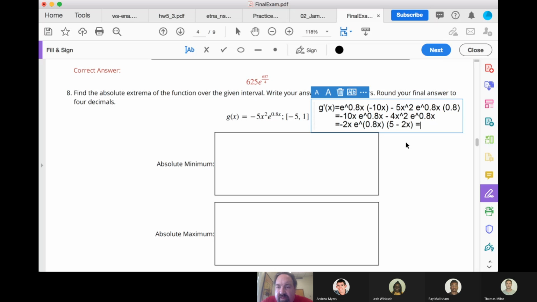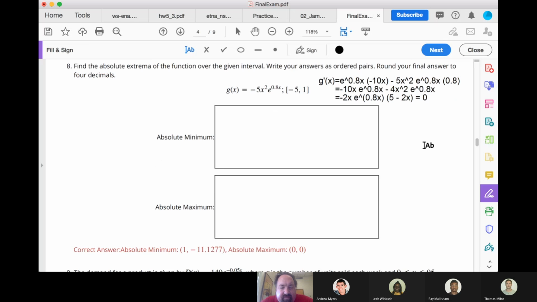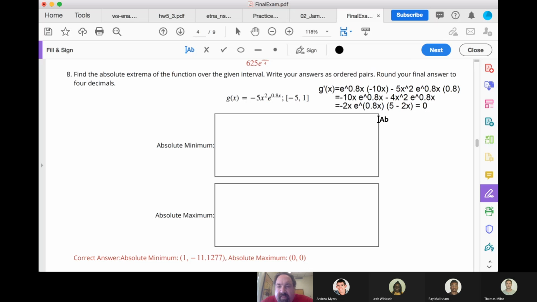So now we set this equal to 0 and find any critical points. Now, e to the 0.8x, the exponential function, no matter what the exponent is, it's never 0. So you can forget about that. And then here we have -2x, so that'll be 0 when x is 0.